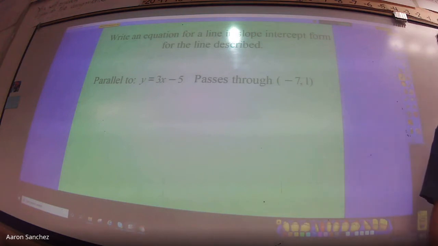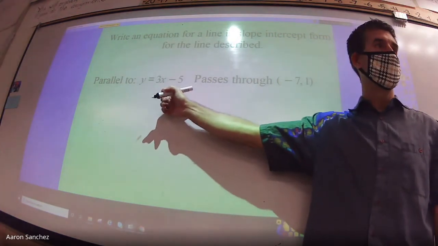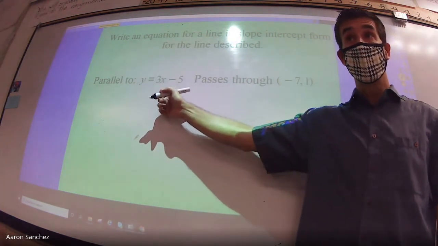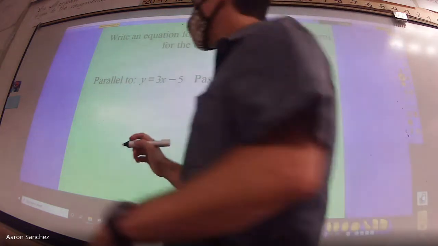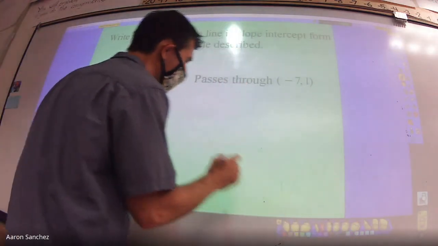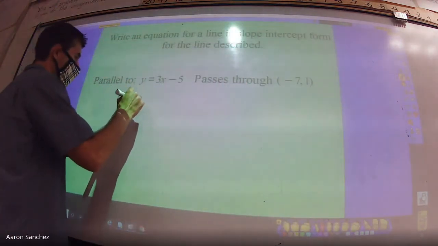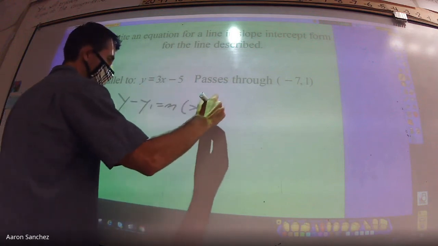Okay, if a line is parallel to this, what's my slope going to be? 3, right? If it's parallel, it's going to have the same slope. Got it? So we're going to go like this. What's the formula I'm going to use? y equals m times x minus x1.